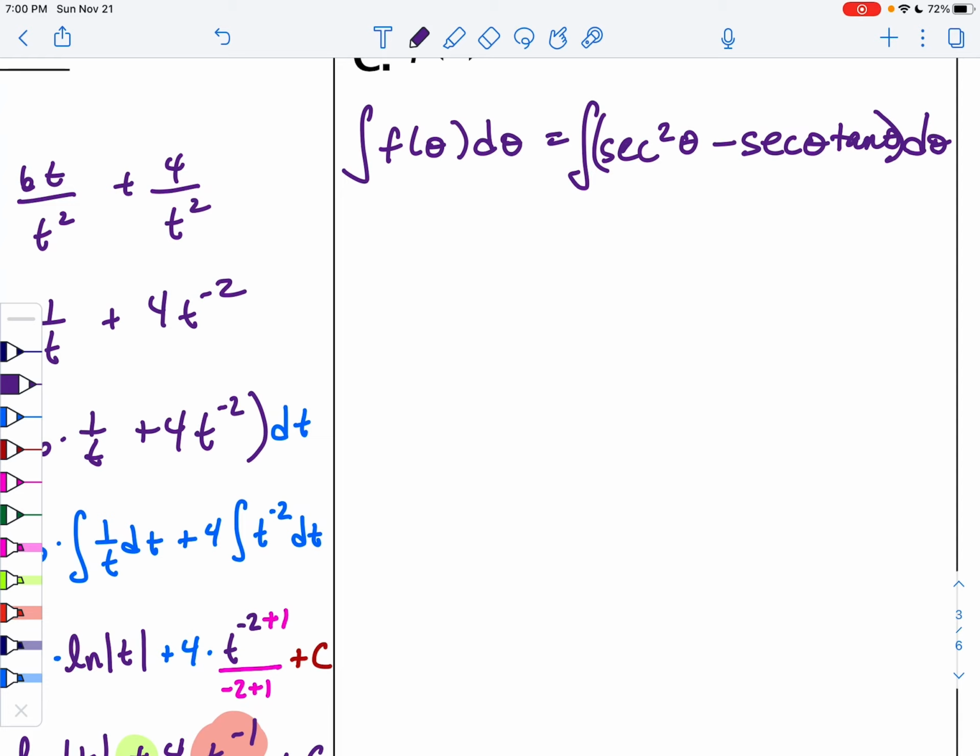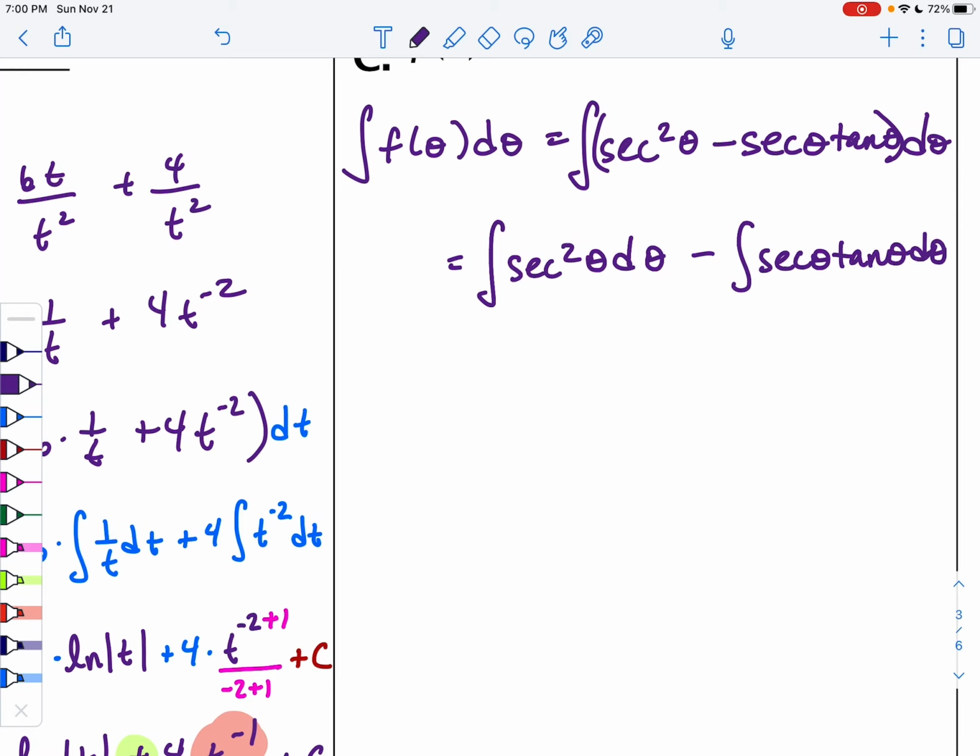Remember, the antiderivative of a difference is the difference of the antiderivatives. So this is going to equal the integral of secant squared theta d theta minus the integral of secant theta tangent theta d theta.